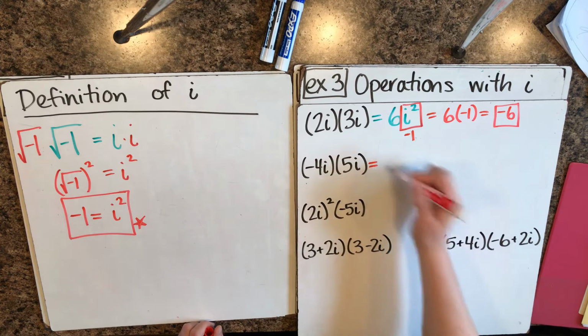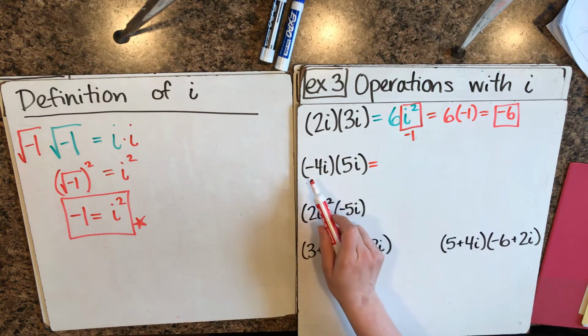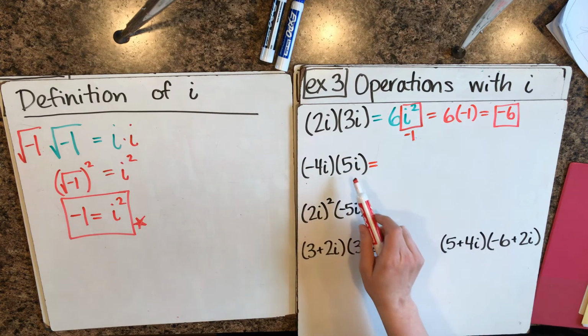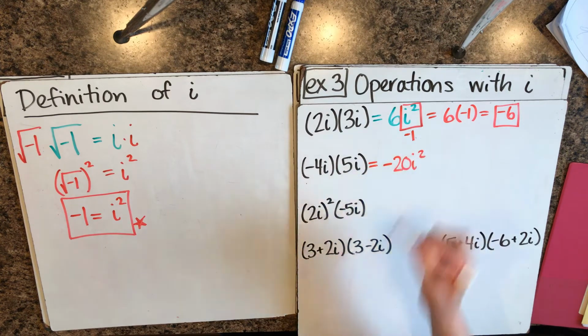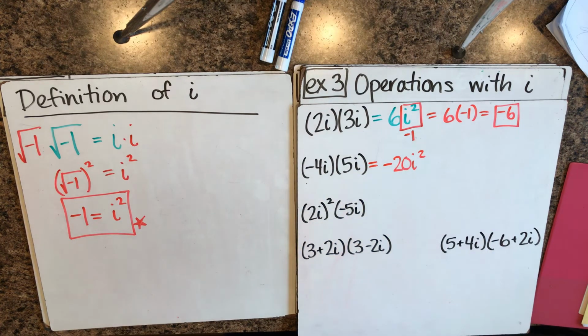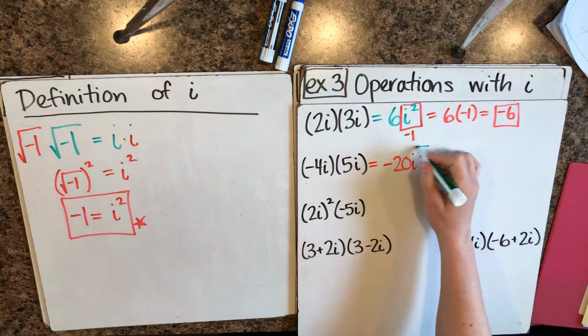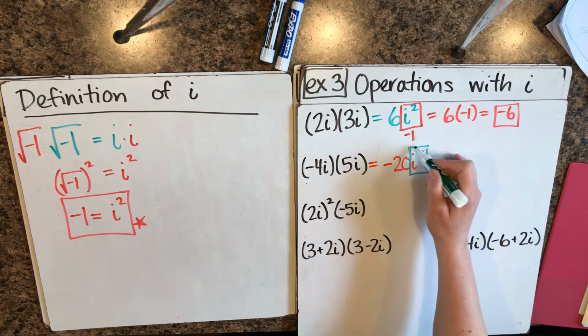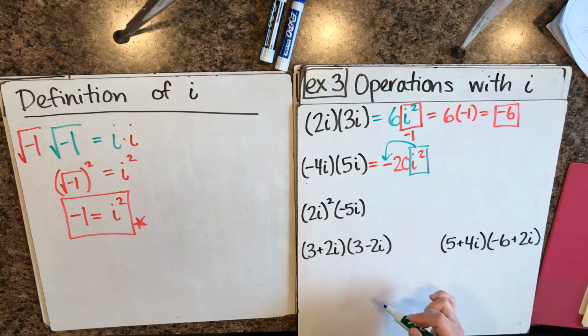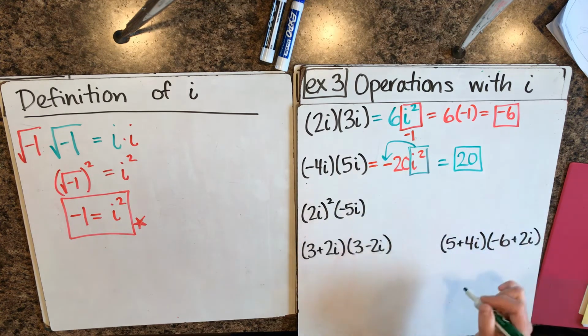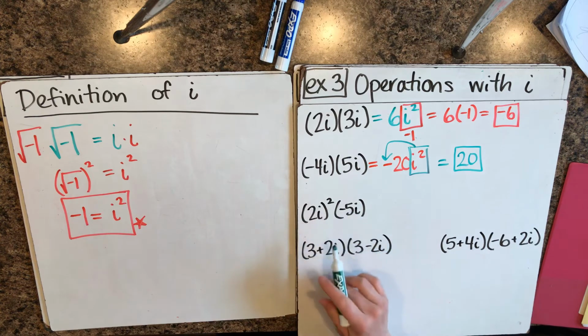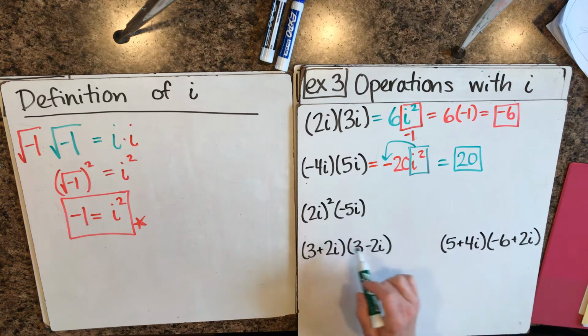Okay, here, next, I'm going to multiply. Negative 4i times 5i becomes negative 20i squared. But again, we have to remember, anytime we see i squared, we should be thinking negative 1. So we have to change that sign. Okay, positive 20.